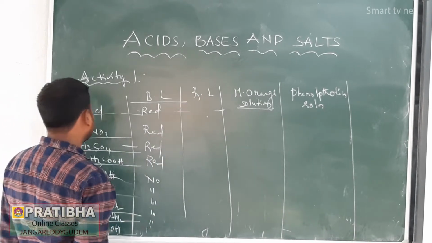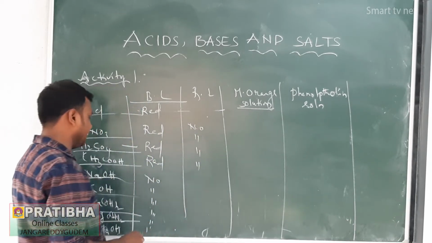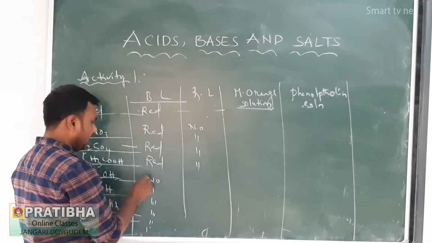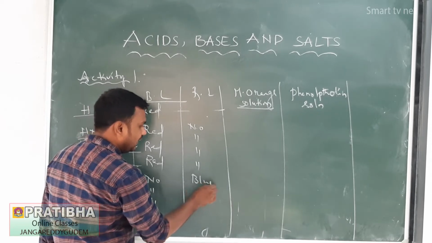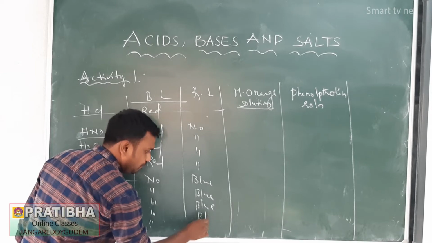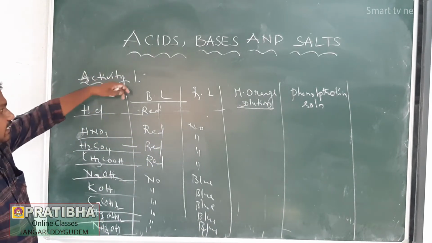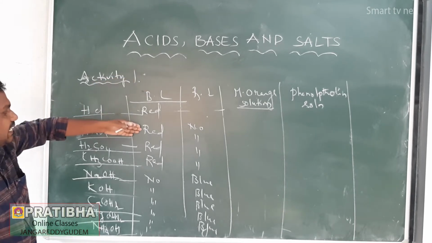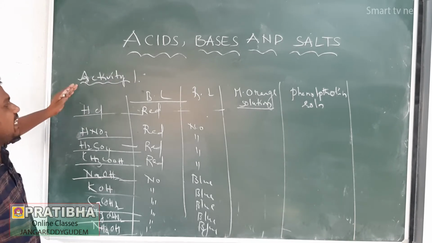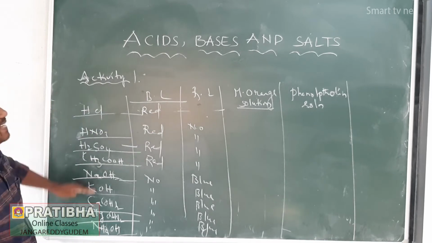Red litmus shows no change in all acids, and with bases like NaOH it turns blue. So blue litmus turns red in acid solutions, and red litmus turns blue in base solutions.